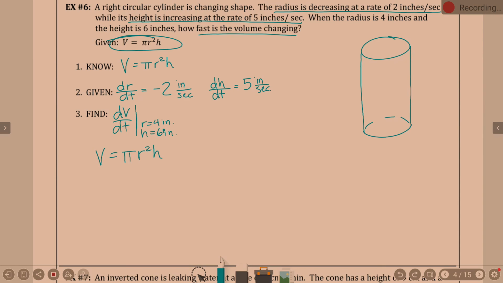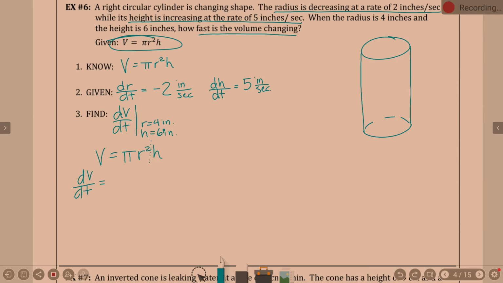So, derivative of volume, dV/dt. I just mentioned there is a product rule here, yes, because R is one variable, H is another variable. Derivative, how do you want to do this? I would say derivative of pi r squared.